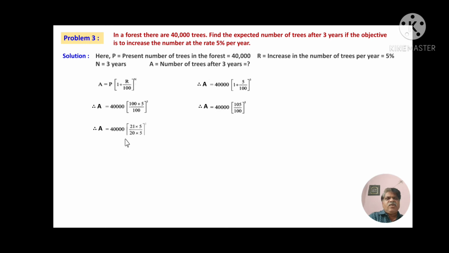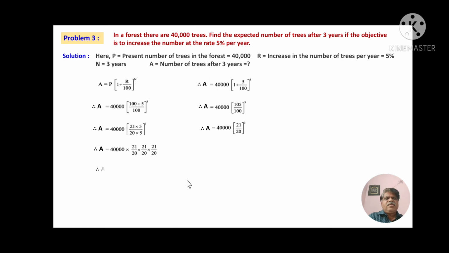Therefore, A is equal to 40,000 into bracket 21 into 5 upon 20 into 5 raised to 3. Here, this 5 gets cancelled, and what you are getting is A is equal to 40,000 into bracket 21 upon 20 raised to 3. Therefore, A is equal to 40,000 into 21 upon 20, 21 upon 20, 21 upon 20.